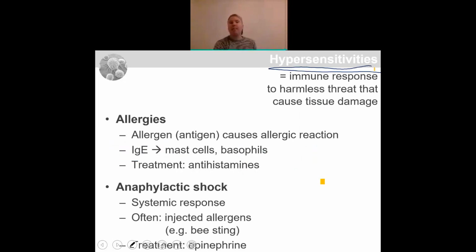And the last one that I wanted to mention is when you are hypersensitive. So your immune system attacks like crazy against something that it should attack, but it shouldn't be that big of a deal. Allergies are an example of pathogens that enter your body. And yes, we need to deal with them and get rid of them.